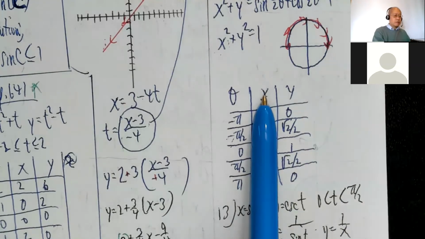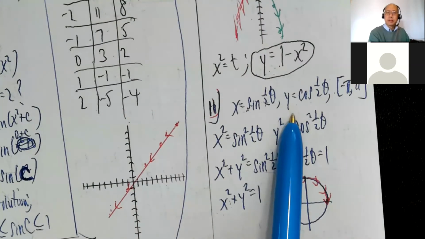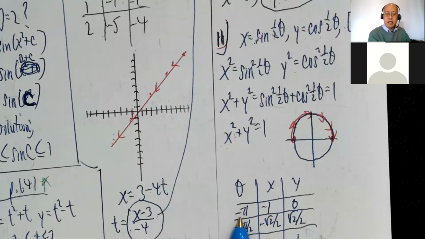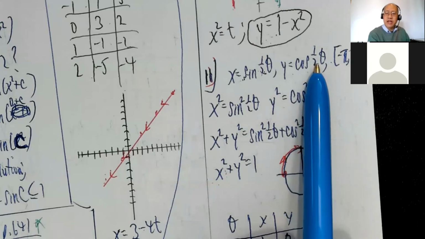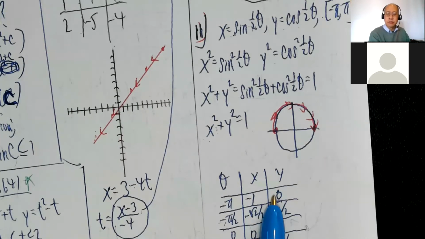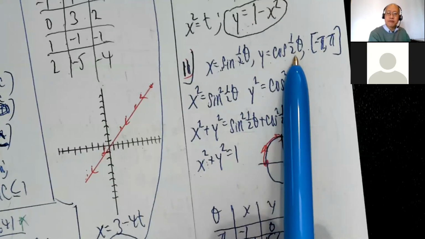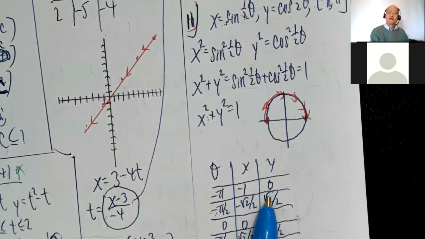So I fill this out. And now to fill this out, look at this. Cosine half theta. Same thing, plug in negative pi, cosine of negative pi over 2, cosine of negative 90 degrees, 0. Plug in negative pi over 2. I'm taking the cosine of negative pi over 4. That's positive radical 2 over 2, fourth quadrant. Fourth quadrant cosine is positive, you might recall.